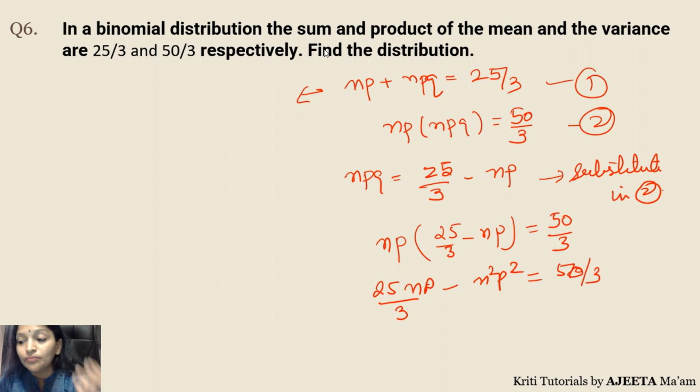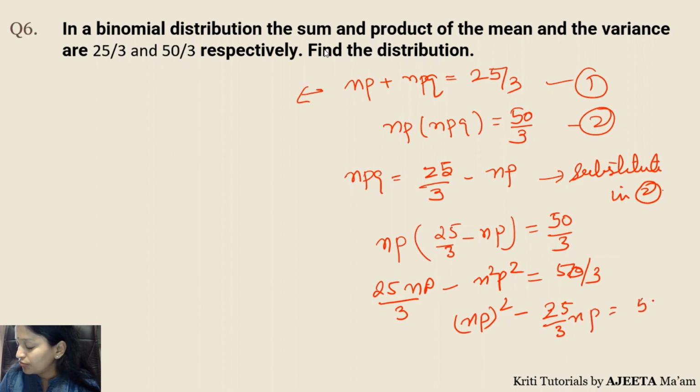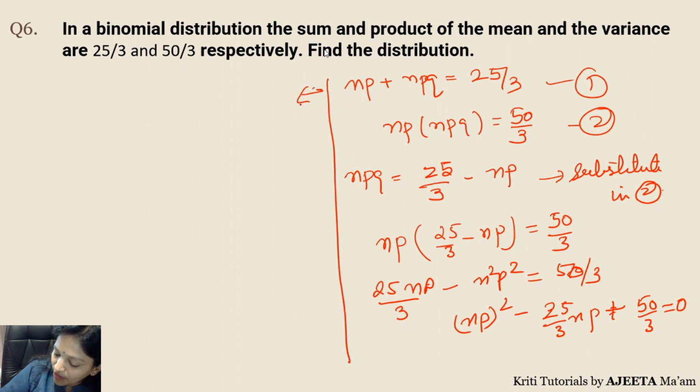Now we can do the middle term splitting or the quadratic formula to solve it, where NP we can take as one variable. Right? So N square P square minus 25 by 3 NP plus 50 by 3 is equal to 0. Now we have to simply solve it, right? So by taking the LCM, what will you get? We will get simply 3 NP whole square minus 25 NP plus 50 is equal to 0.